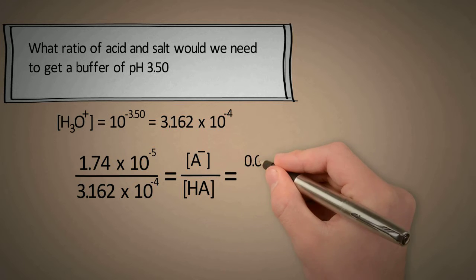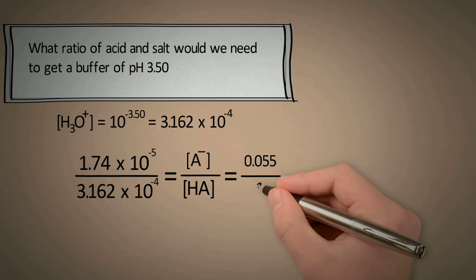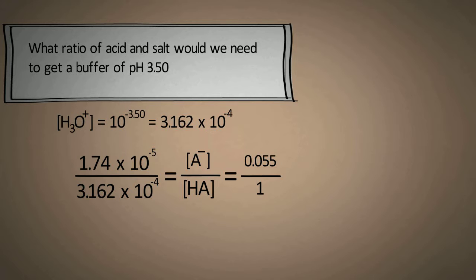So for every 1 moles per decimeter cubed of ethanoic acid, we're going to need 0.055 moles per decimeter cubed of sodium ethanoate to get a buffer solution of pH 3.5. So it's just as easy to do it the other way around.